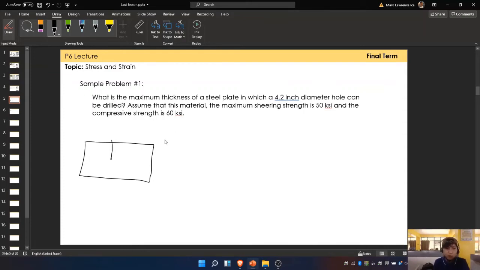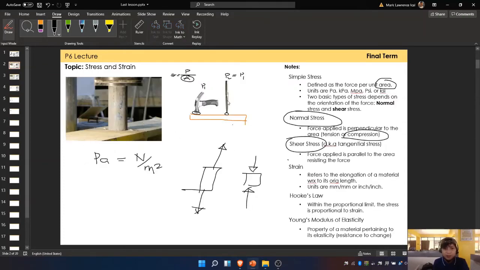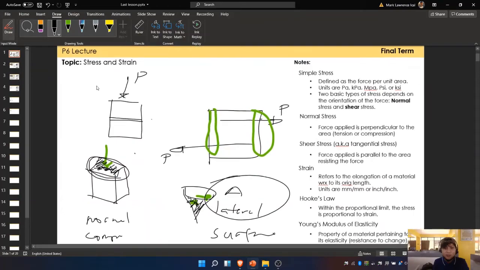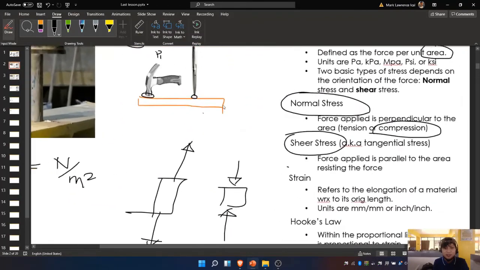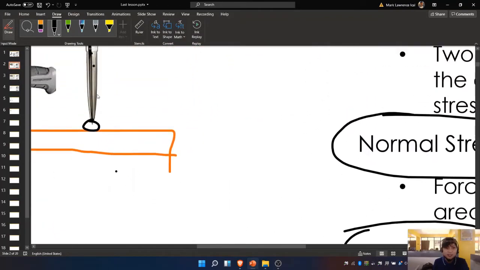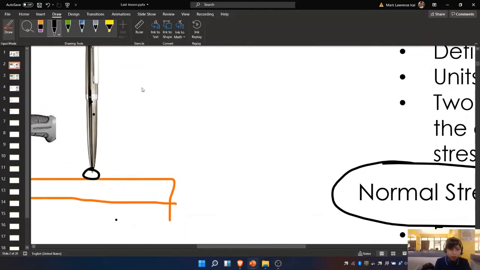Kasi kung papansin nyo yung ballpen kanina, for example. Balik natin to. Okay. O, di ba? Yung tumusok naman talaga sa mismong plank ay hindi naman talaga itong laki na to, di ba? Kundi ito.